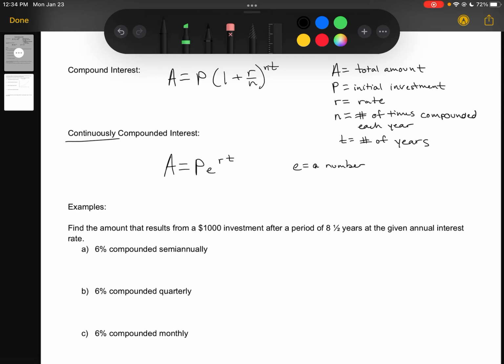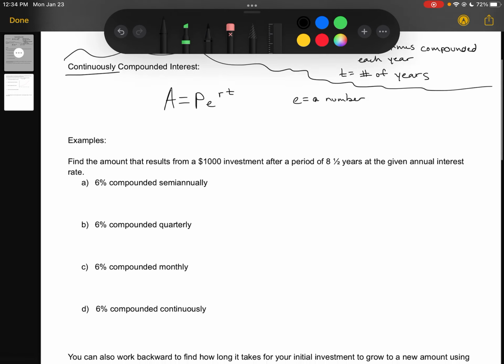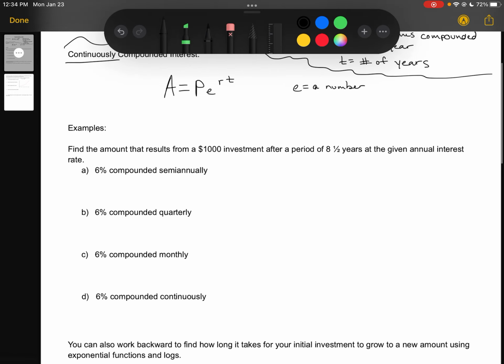It's approximately equal to 2.7, but it's just a number. And R and T are both the same. So this is just a slightly simplified formula, and it only works when things are compounded continuously. So these are the two things that we have here to start off. So we'll jump into an example. We'll practice plugging things in, and that'll take us to the end of the skill for today.